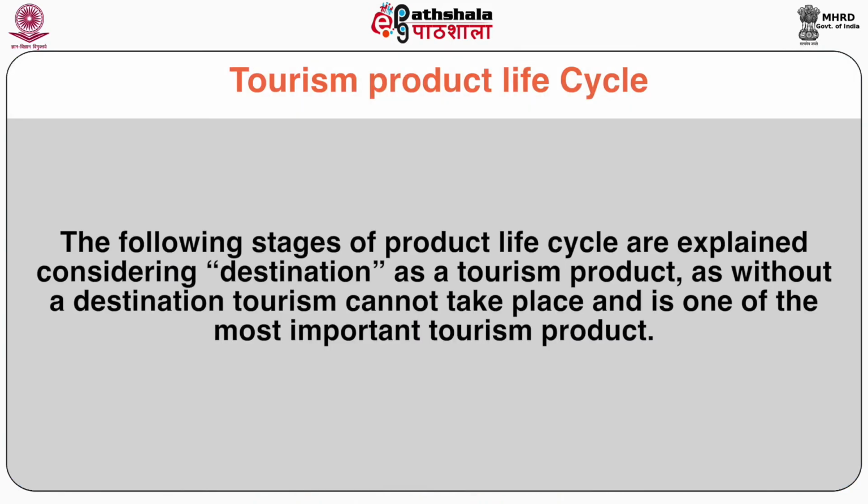This contributes to the belief that all tourism destinations go through some stages. As a result, any kind of tourist product has to cross several phases which are known as the tourism product life cycle. The following stages of the product life cycle are explained considering destination as a tourism product, as without a destination tourism cannot take place and it is one of the most important tourism products.